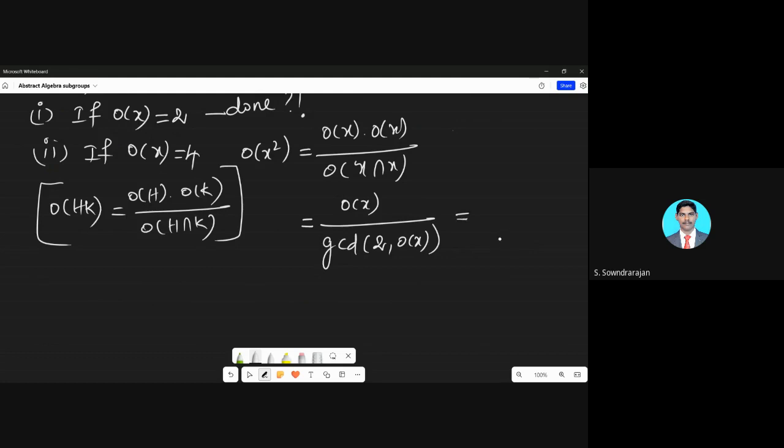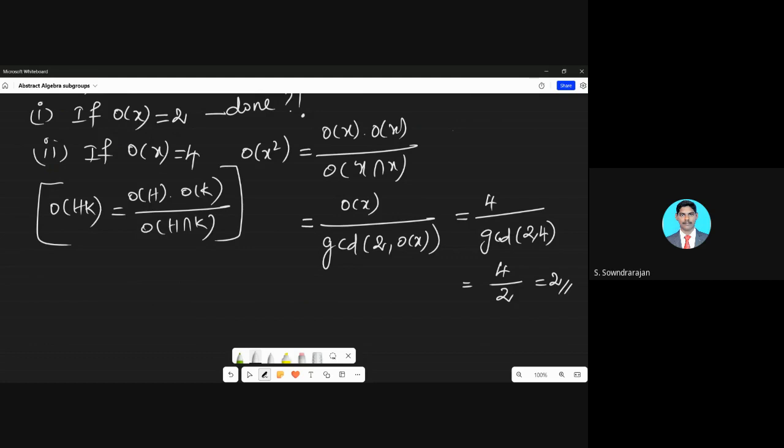So order of x equal to 4, and GCD of 2 comma 4 is 2, so 4 by 2, which is 2. So in that case, order of x squared equal to 2.